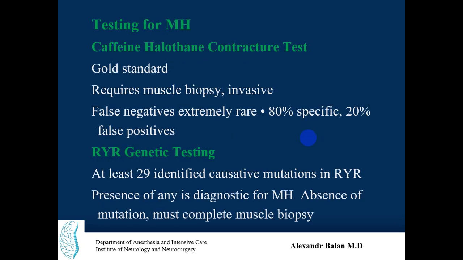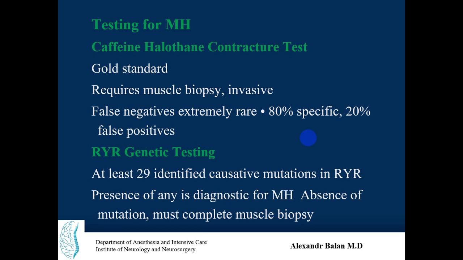Can we test a patient for malignant hyperthermia, especially if the patient is susceptible? Of course, we have two tests: the caffeine halothane contracture test and RYR genetic testing. The caffeine halothane contracture test is the gold standard and requires a muscle biopsy, which is invasive and is specific 80%, and 20% give false positives.